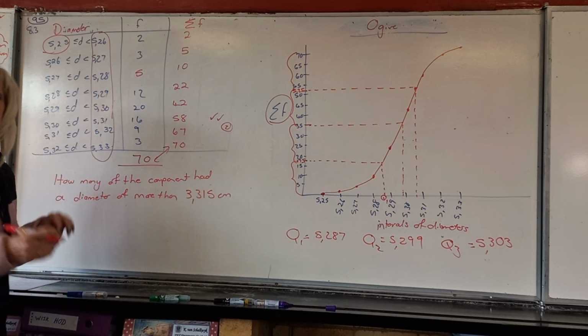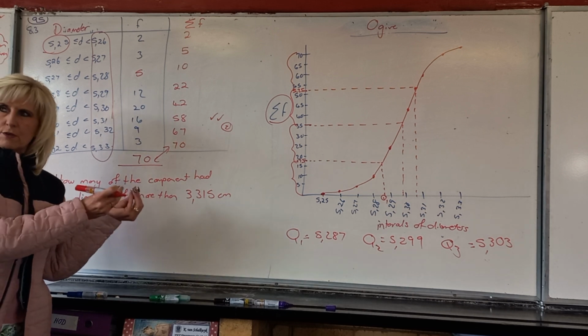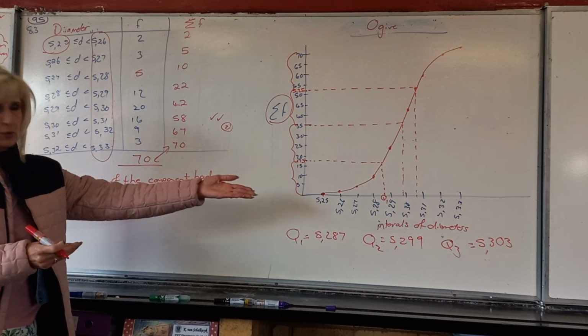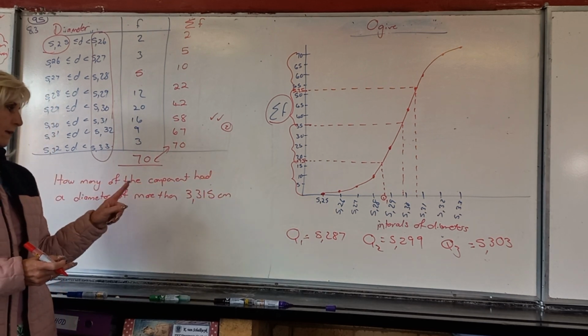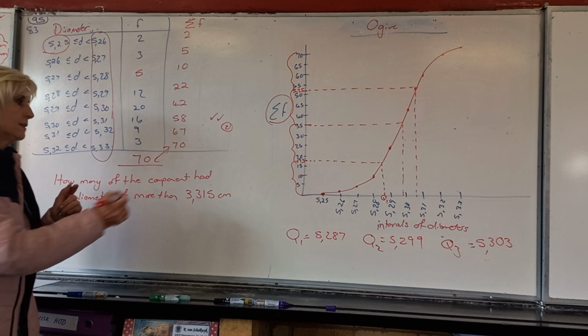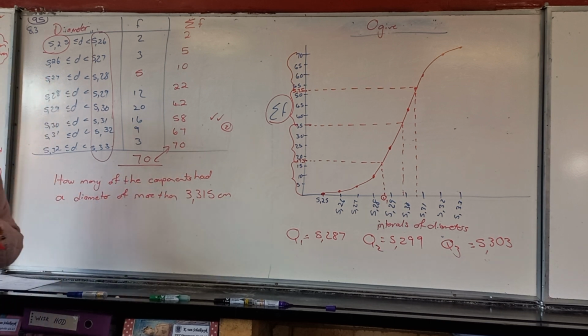Okay, it makes it difficult in this particular question because it was so small. Because I've got to go according to what's there. So I'm asking, how many of the components had a diameter of more than 3.315?